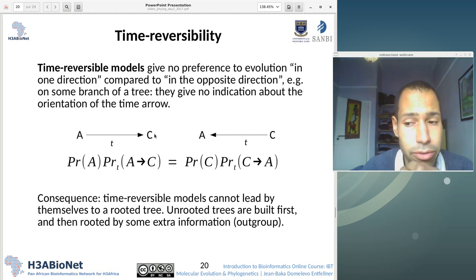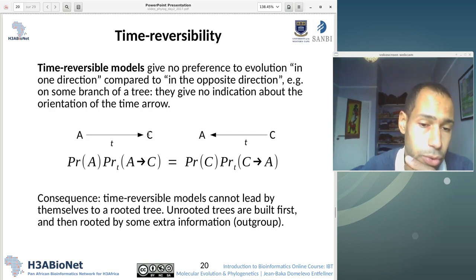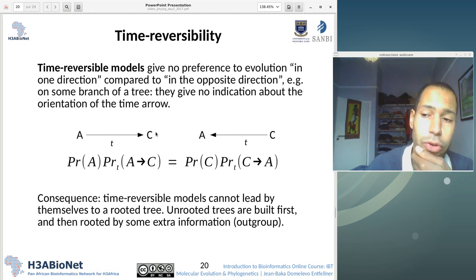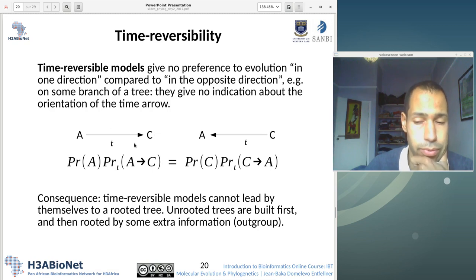Your model doesn't help you understand whether time occurred from left to right or from right to left. These are simple models in themselves. Just one branch with 2 tips is a model of evolution, a basic tree. We can calculate the probability of this tree.